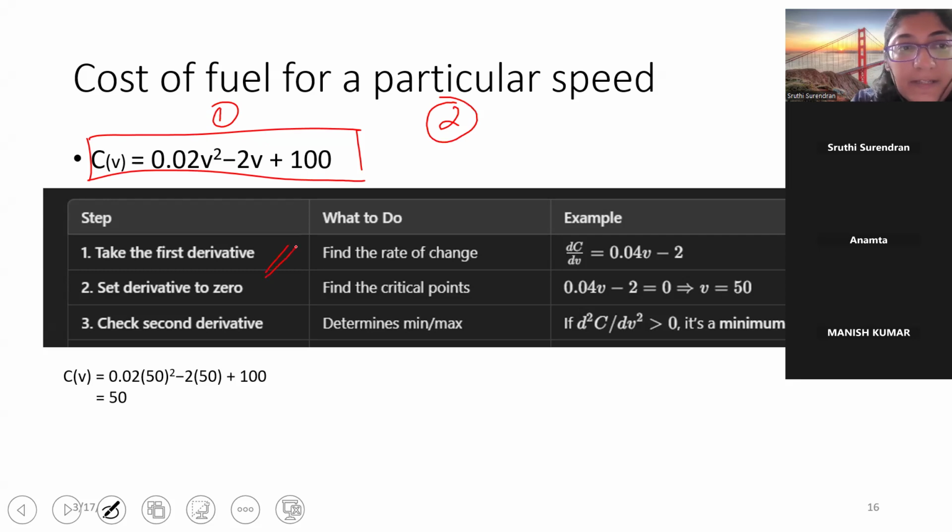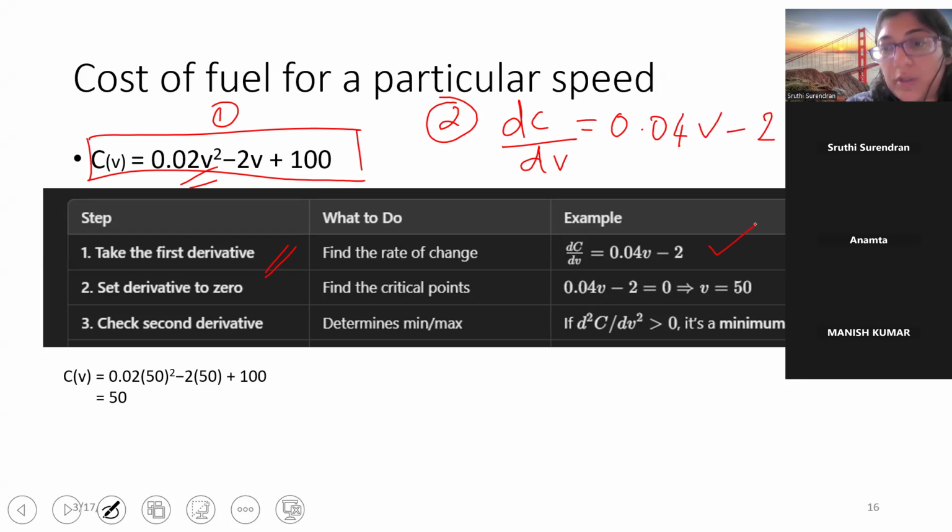So the first derivative is nothing but dC by dV. You will find the derivative of C with respect to V. Now, if you know differentiation, when you differentiate this equation, it will become 0.04v minus 2. That is what you get here.